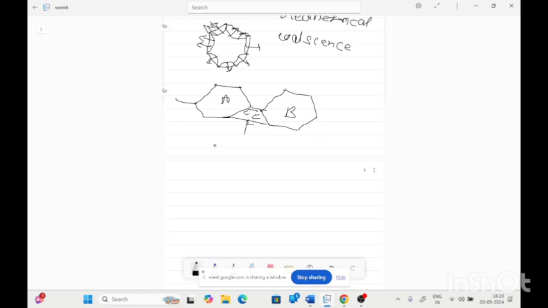So the boundaries between A and B will disappear after some time. Like it will form like this. Sorry, I will make it here. So A, this will be B.